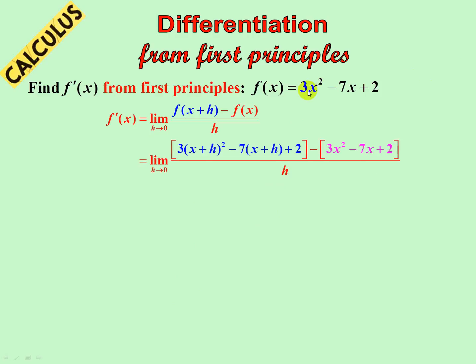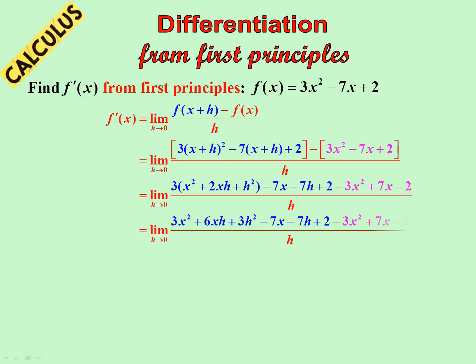The blue, I've substituted x plus h, x plus h. Now it's just algebraic simplification. When you're doing differentiation from first principles, if every term without an h doesn't go, then you have an error somewhere. Have a look. 3x squared has no h, there's a minus 3x squared.